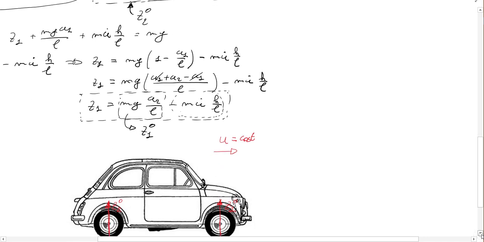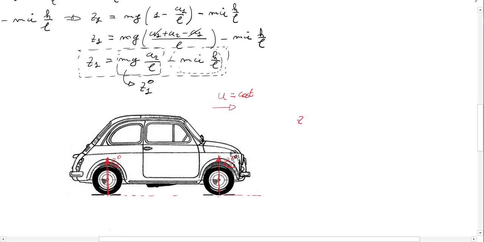So we have Z1 0 equals mg HU on L, and Z2 0 equals mg A1 on L, where L, as we saw in the previous lesson, is the wheelbase.